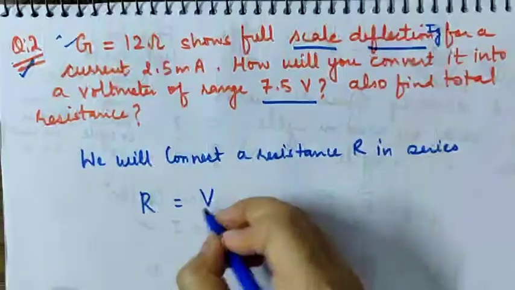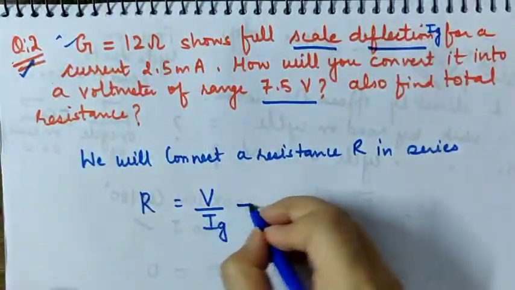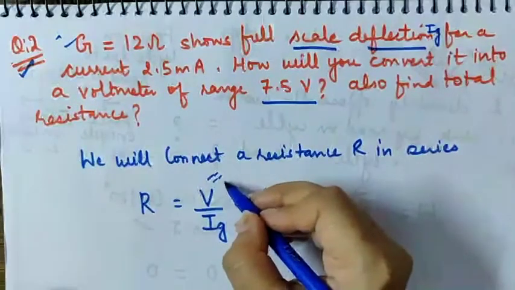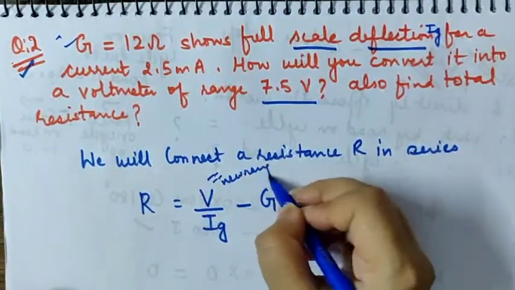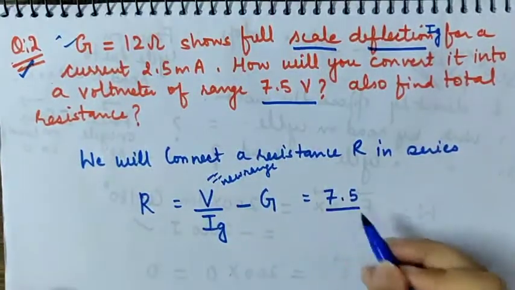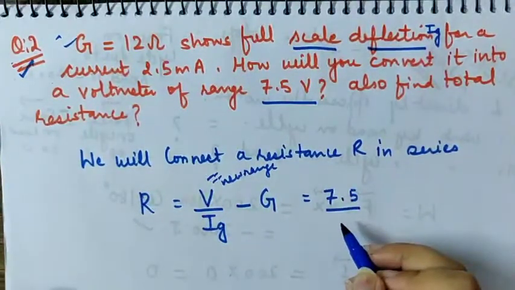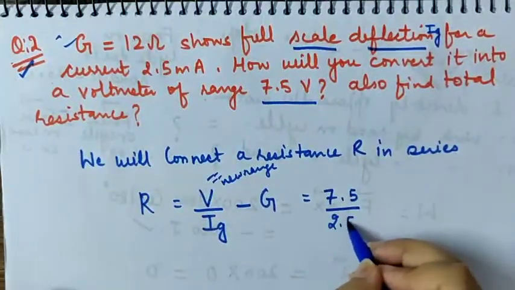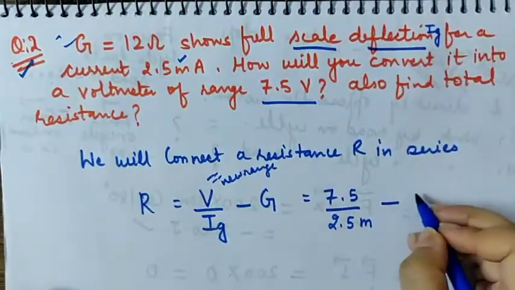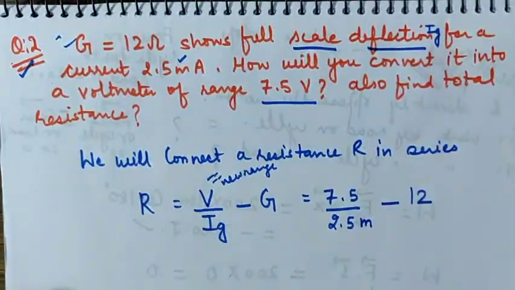R is equal to, the formula was V upon Ig minus capital G. Here V is the new range, the final range of voltage. That is equal to 7.5 divided by Ig. What was Ig? Initial current was equal to 2.5. Don't forget to write milli because there is a milliampere here, and minus the galvanometer resistance, which is 12.